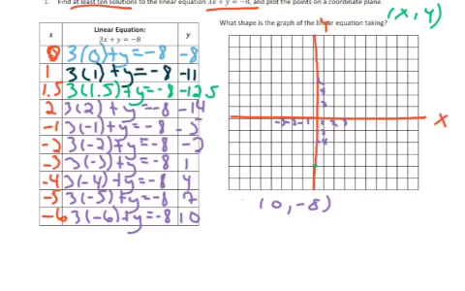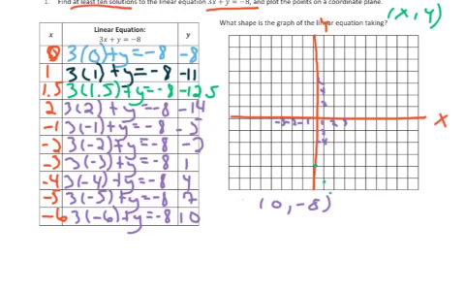And if I plot the ordered pair 1, negative 11, it would be somewhere here. 1.5, negative 12.5. So 1.5 would be about here. 12.5 is actually going to be off my grid, but let's just estimate it to be about here.